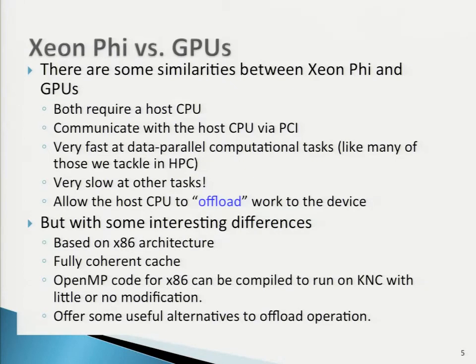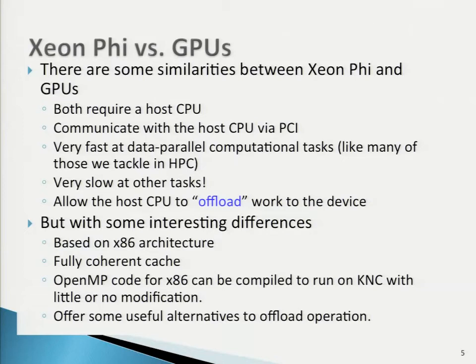But there are some interesting differences. The first is it's based on x86 architecture, which feels quite familiar. They have fully coherent caches. I spoke about this earlier. And you can get an OpenMP code that's written for your Sandy Bridge, and you can compile it to run on the Knights Corner natively with little or no modification.